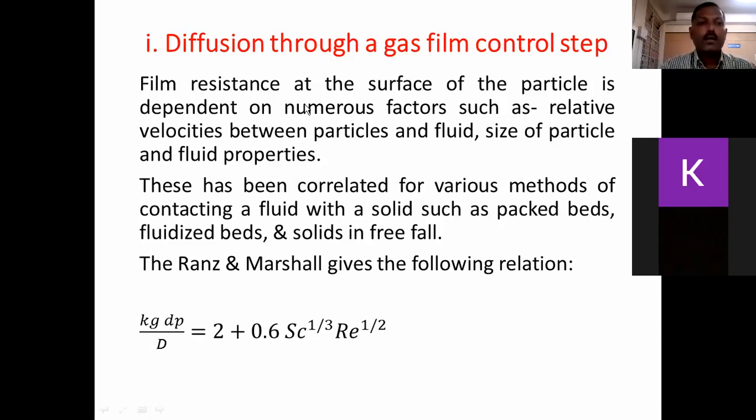Here, for the shrinking spherical particle, the first step is diffusion through the gas film control, and the second step is surface reaction control. The derivation for surface reaction control will be the same as for unchanging size; that relation will be the same.